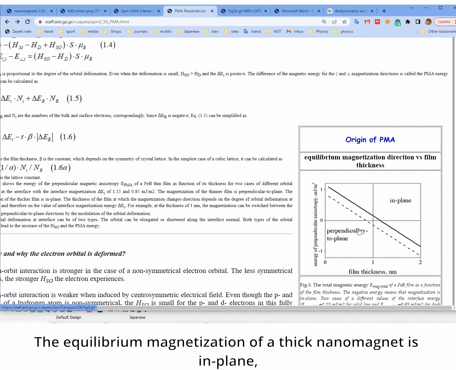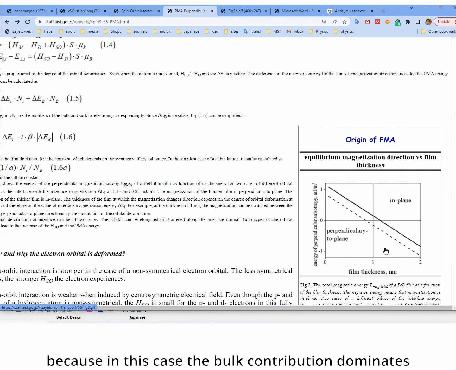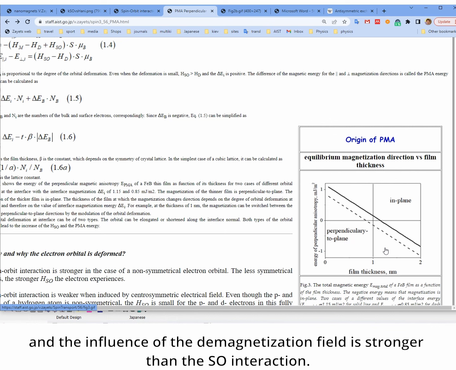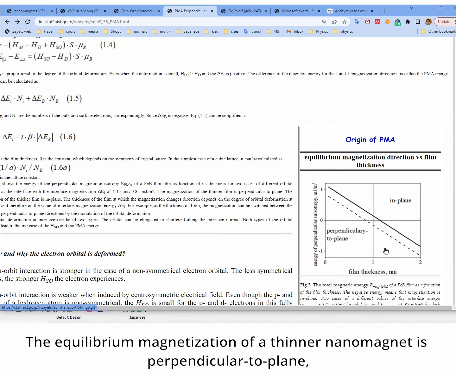The equilibrium magnetization of a thick nanomagnet is in plane, because in this case the bulk contribution dominates, and the influence of the demagnetization field is stronger than the spin-orbit interaction.